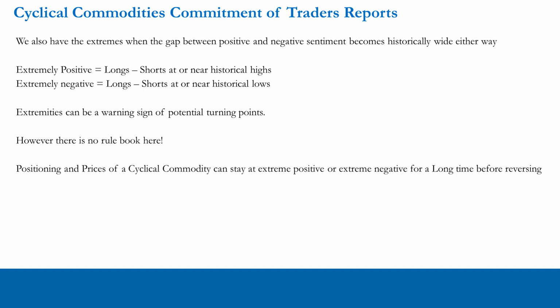The flip is where we tend to have turning points in cyclical commodities, but you also need to look at the extremes. So when the gap between positive and negative sentiment becomes historically wide either way. So we're looking at the peaks and the troughs in commitment of traders' reports for cyclical commodities.